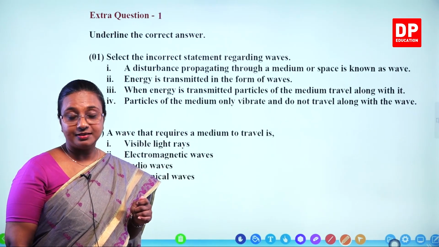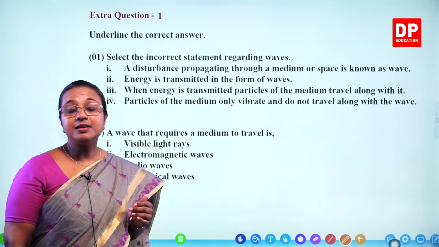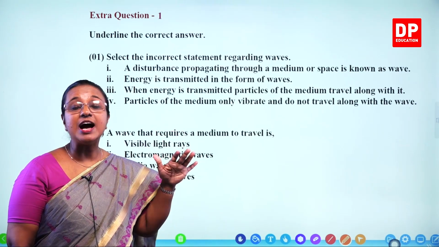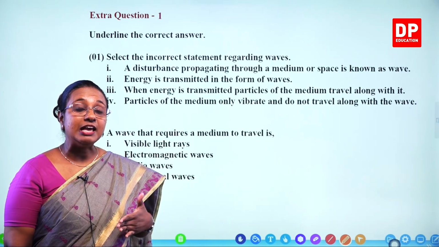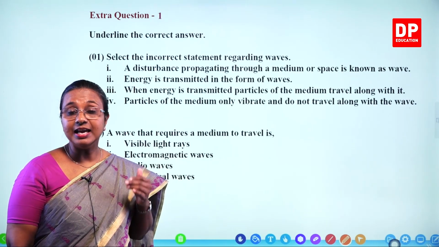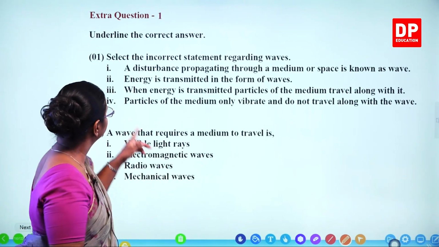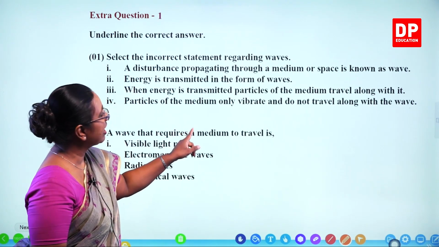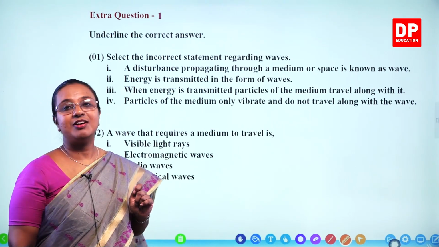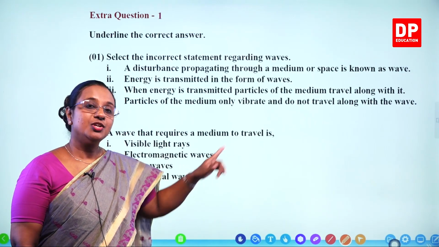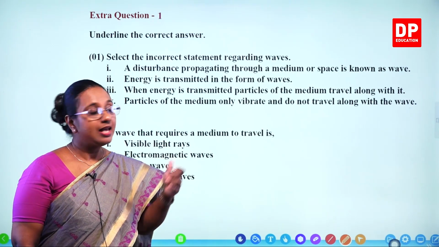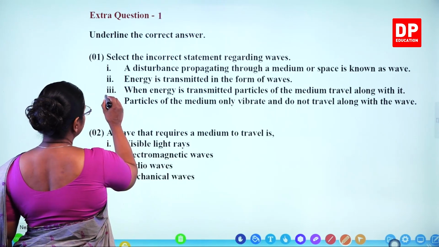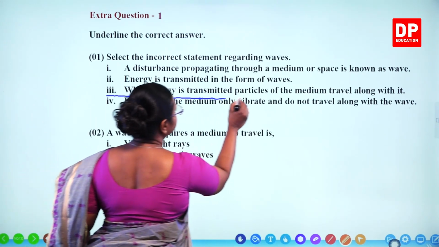That is incorrect. Why? The particles of the medium only vibrate. Only the wave propagates carrying energy along with it. Particles of the medium only vibrate and do not travel along with the wave. So that is also correct. Then the incorrect statement is the third one.